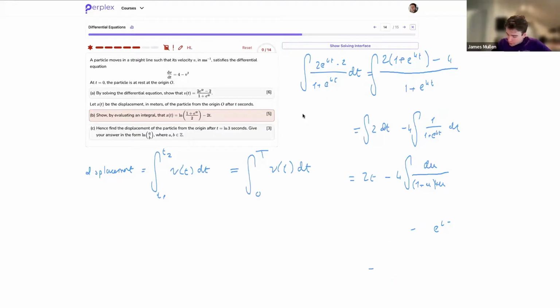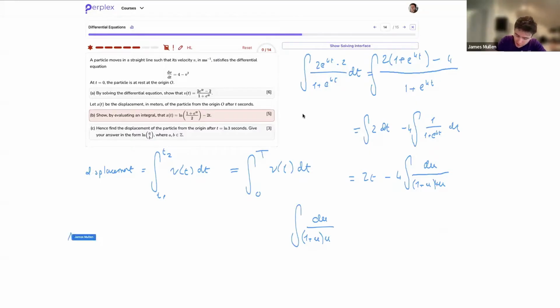I know this is complicated, but we're almost there. Now I have the integral, because the 4s are going to cancel, of du over (1 plus u) times u. And I can use partial fractions to break that down, okay? So to use partial fractions, I have to do it again.